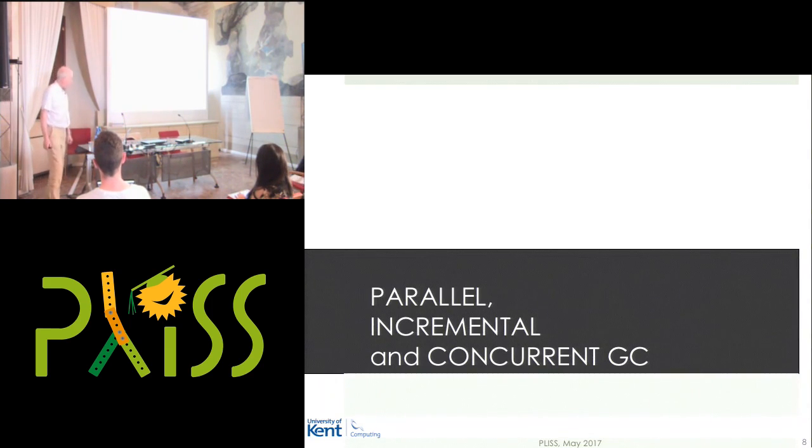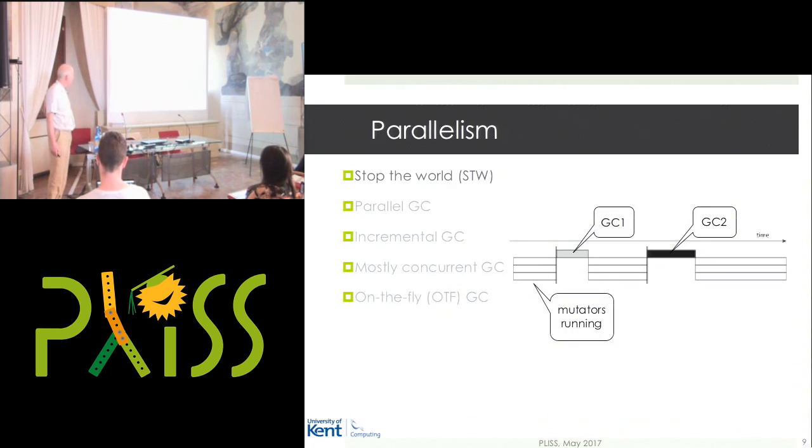So a bit of terminology. If you read old literature on garbage collection, it's quite loose with the way it describes things, whether it describes things as parallel or concurrent or incremental. But I think it's useful to have a standard definition.